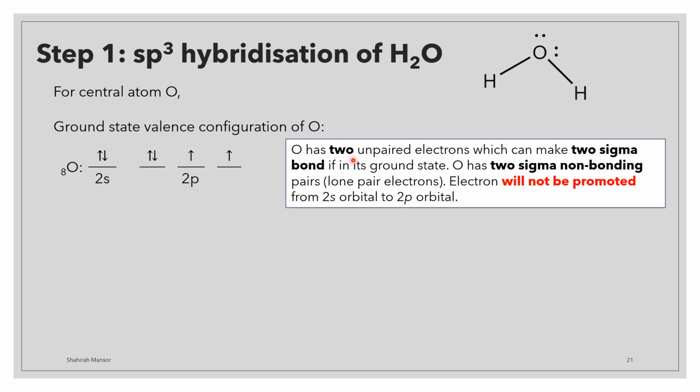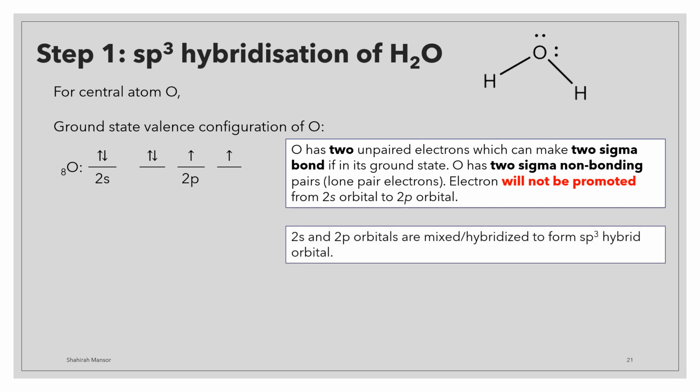So O has 2 unpaired electrons which can make 2 sigma bonds in its ground state. Okay, and oxygen has 2 sigma non-bonding here, untuk lone pairs. So in this case, the electron from 2s is not going to be promoted anywhere. Okay, kita akan pakai this configuration sahaja untuk hybridization.